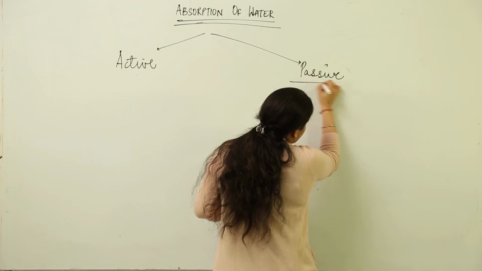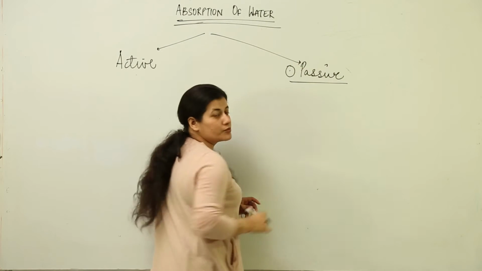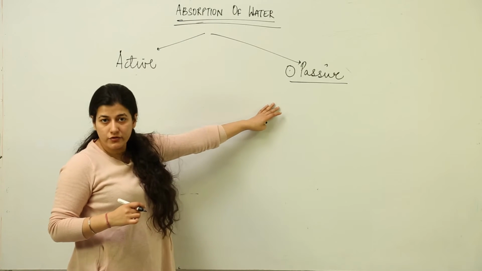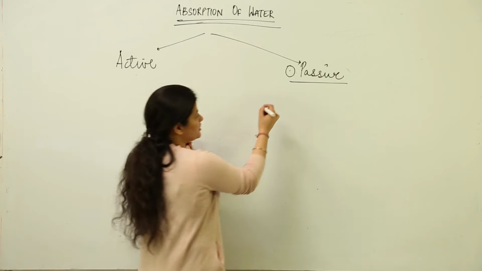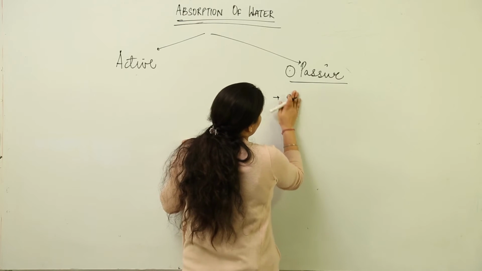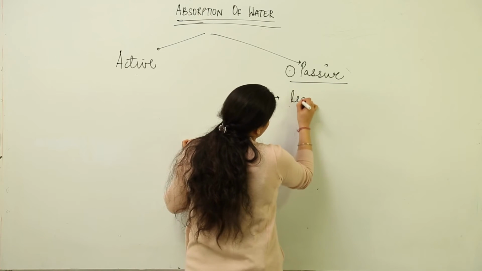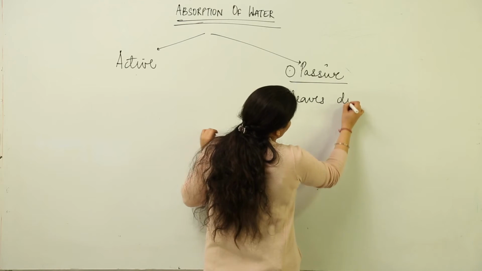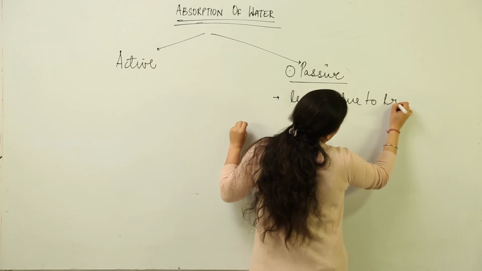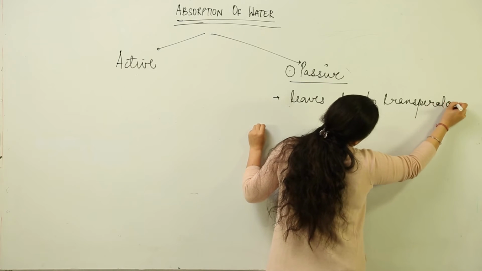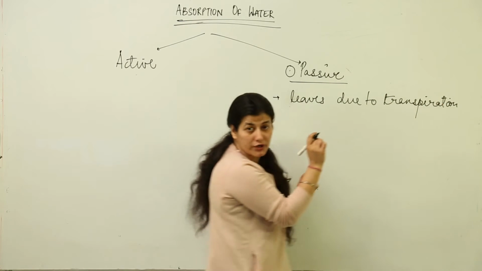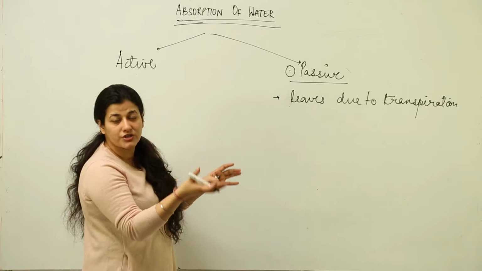First of all, we are going to deal with passive absorption of water. The first thing to keep in mind is that the force for passive absorption of water is generated in the leaves, due to transpiration. Transpiration is a process where water is lost in the form of water vapor from the stomatal apertures inside the leaves.